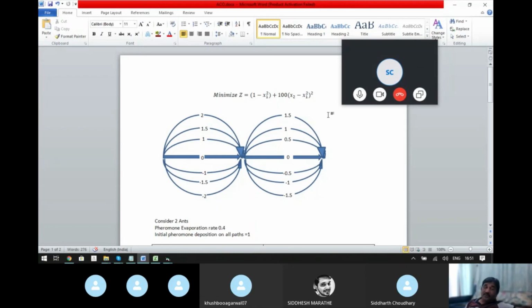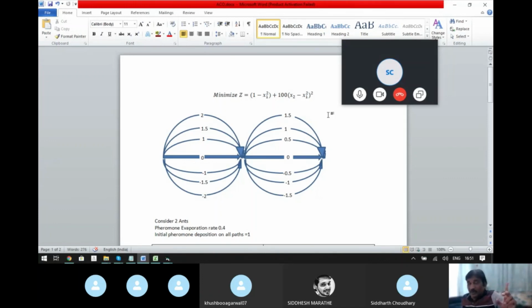There, because we knew the distances of each arc, and that had direct bearing on the total distance, we could find the value of eta. But here, there is no direct bearing of the value of x1. We cannot find out to what extent x1 contributes in the value of z.